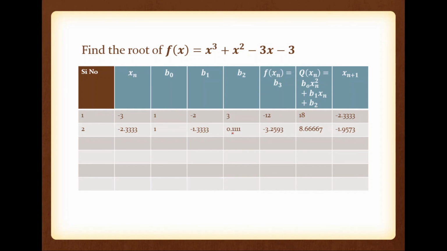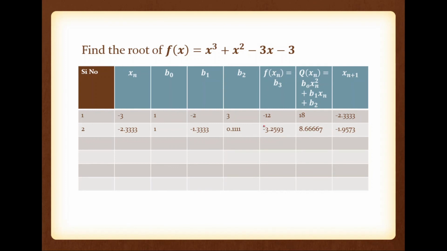Now B2 is equal to A2 plus B1 into X0. So that is 0.1111. Similarly, B3 is equal to A3 plus B2 into X0. So that is minus 3.2593.